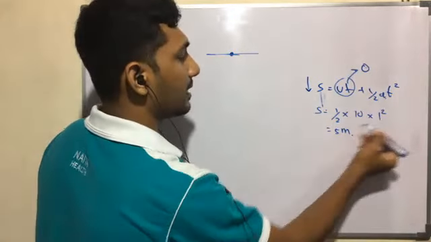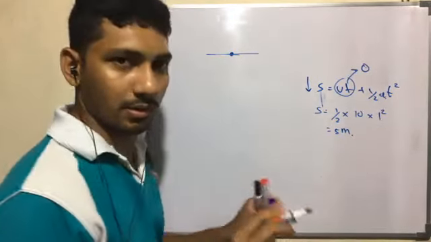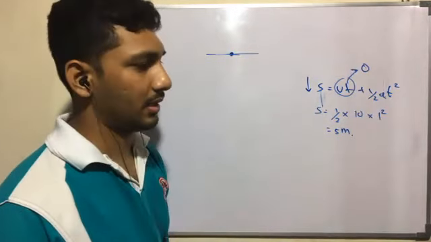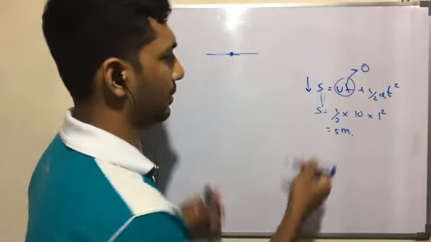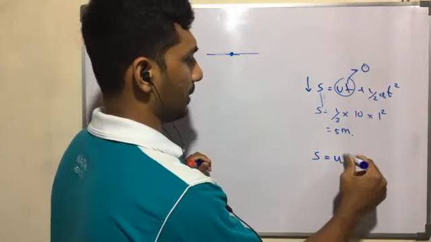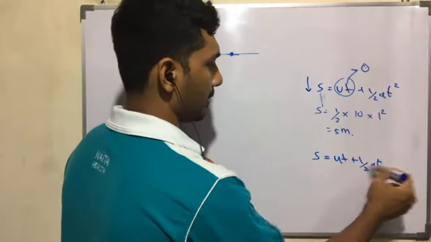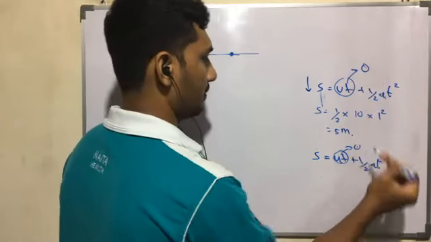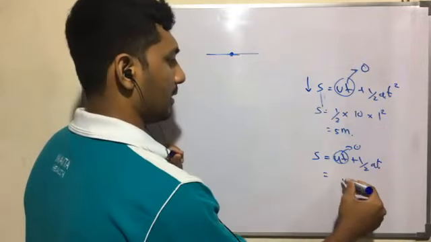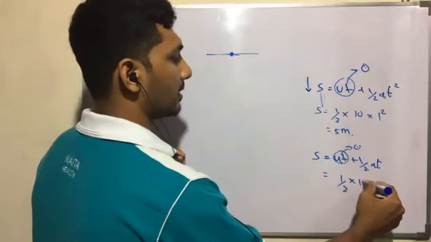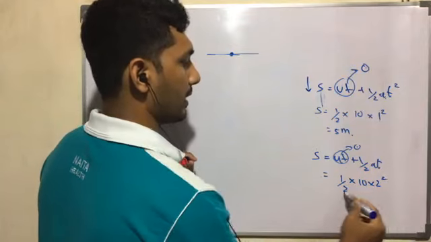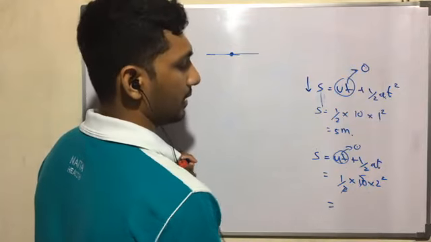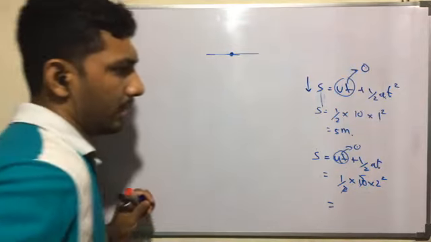So then for the second, for t equal to 2, if you use S is equal to ut plus half at square, the ut is always 0, because from the start we are looking. Half a is 5, t is 2 squared, so it is 20.